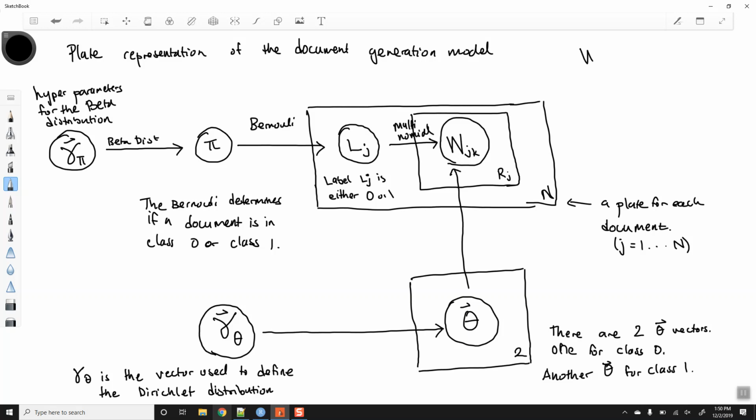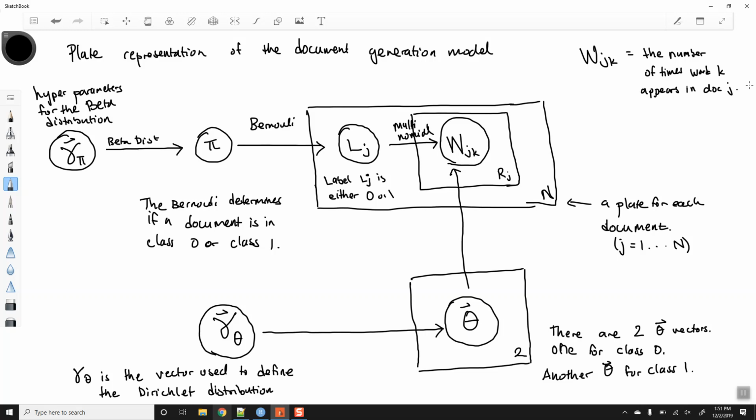W_jk is going to be the number of times word k appears in document j.